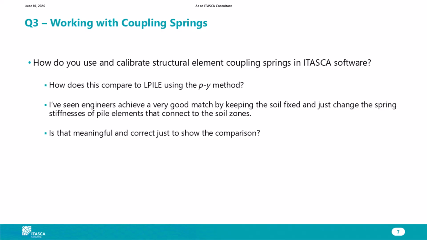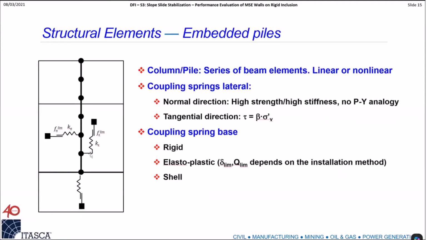Because if you calibrate the links to match the behavior that you have in mind to replicate the PY curve, when you relax the soil and you do the analysis that controls everything, you are severely underestimating the stiffness of the combined system. In other words, you have to think about this as, let's say, the normal spring here and the zone to which it is attached as two springs in series, right?